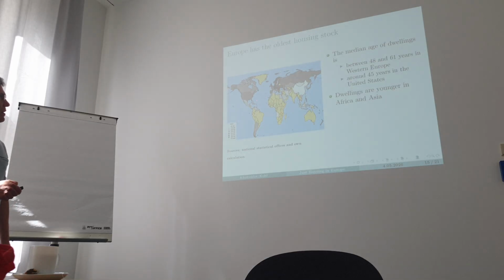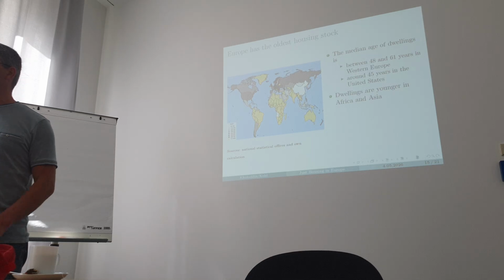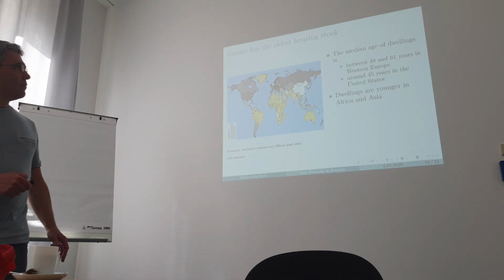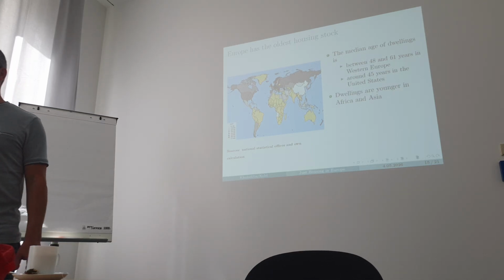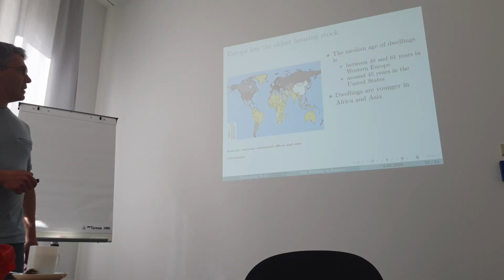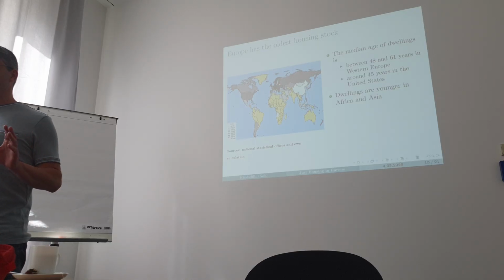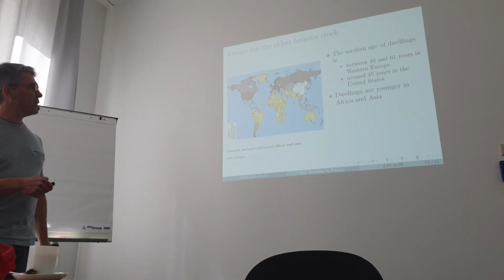Next, in the US, for example, the houses are also pretty old, but not as old as in Europe, so like 45 years median age. In Africa, as far as we have data for these continents, the dwellings are much younger.